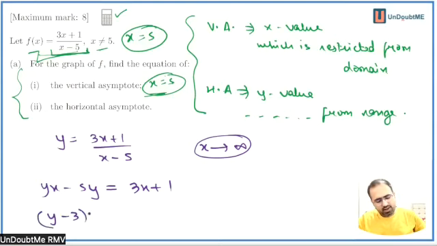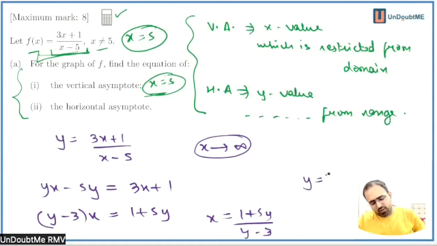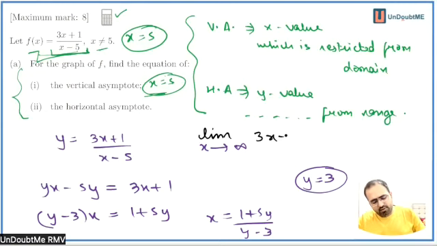y minus 3x is equal to 1 plus 5y. x is equal to (1 plus 5y) over (y minus 3). So basically y is equal to 3 is that asymptote. Now if I follow the same thing by using limits: limit x tends to infinity of (3x plus 1) over (x minus 5).